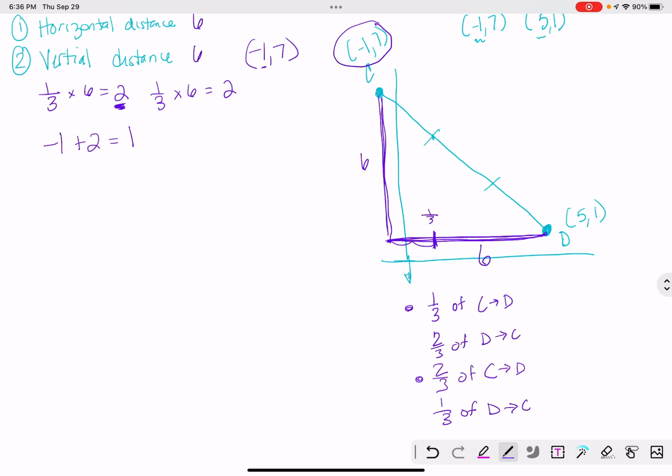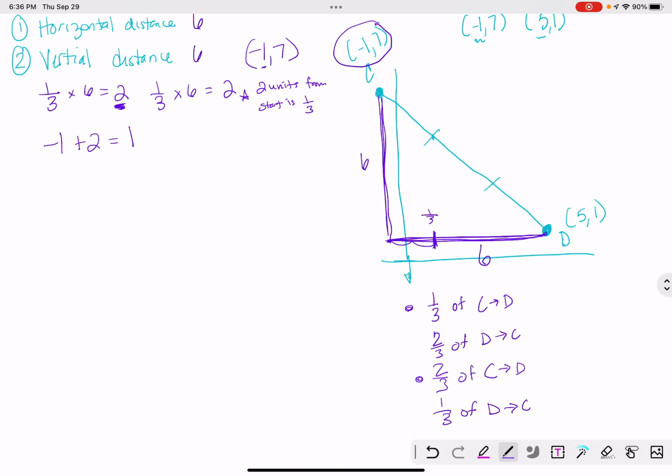So 2 units from our start point is 1/3. That's what this is telling us. Okay, so I'm trying to find out where that 1/3 lands on my x-axis, or on my C to D. So I got -1 plus 2, and that gave me my 1. Okay, that's one of my coordinates.